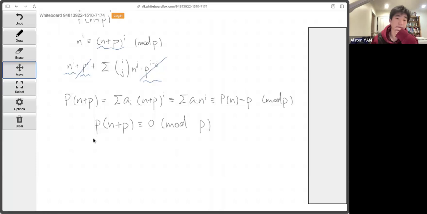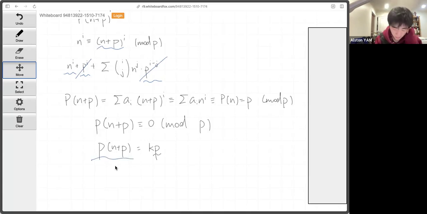Now comes the problem, right? If P of n plus p, so this number right over here, is some multiple of our small prime, so if big P of n plus p is equal to kp, where p is our small prime and k is bigger than 1, well then we have just proven that this thing here is not prime.